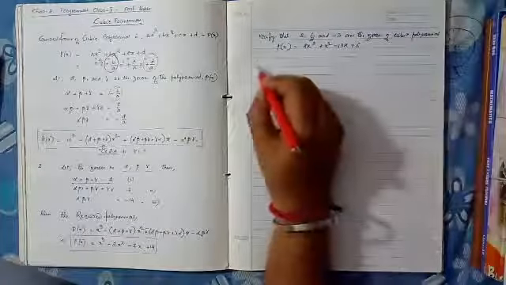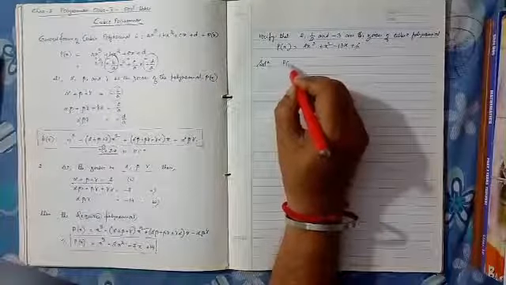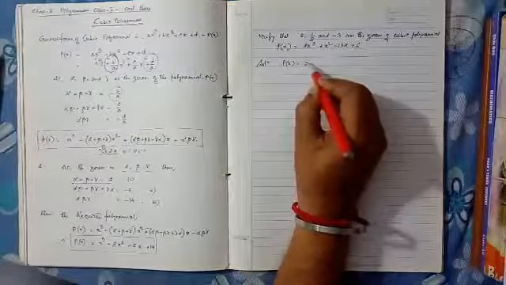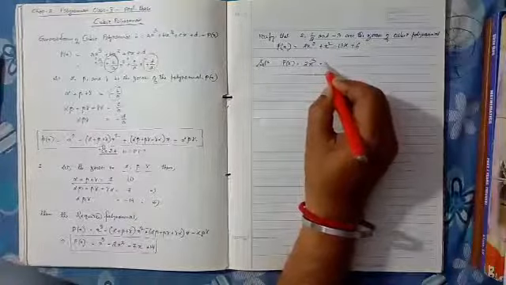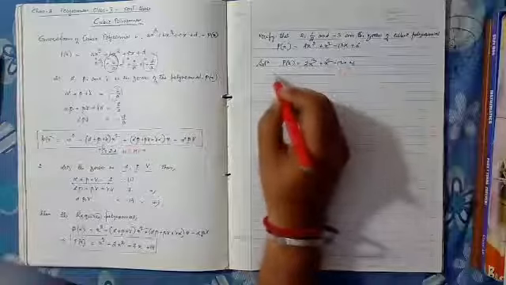Okay, so how to do the solution? P of x is equal to 2x cube plus x square minus 13x plus 6.